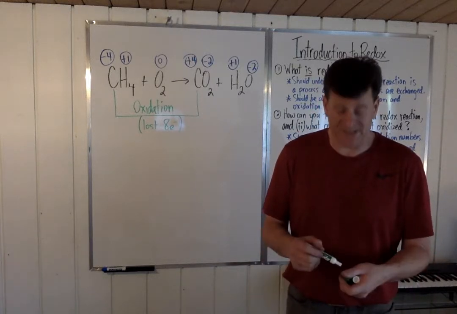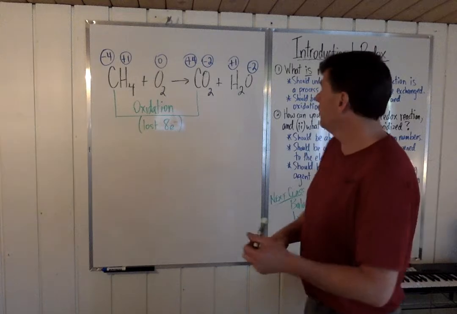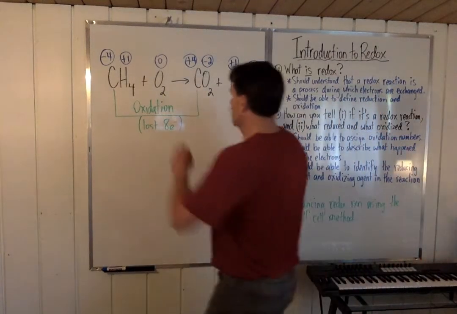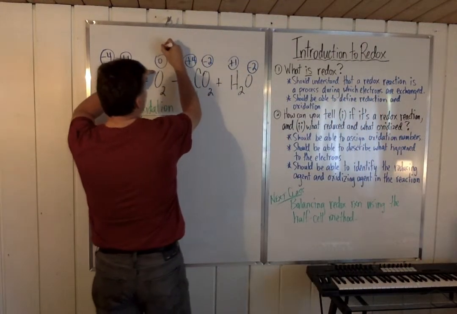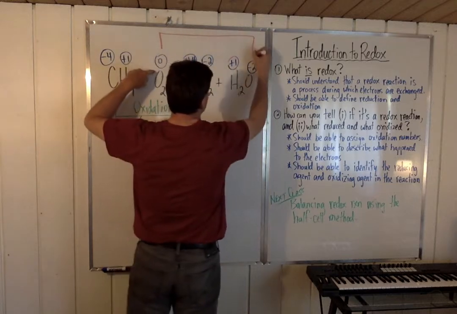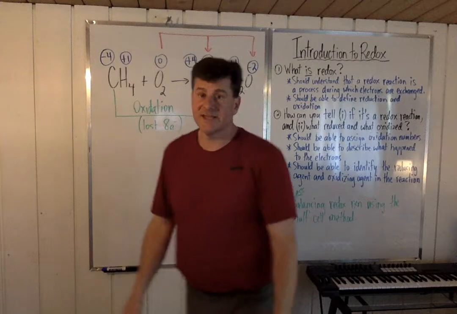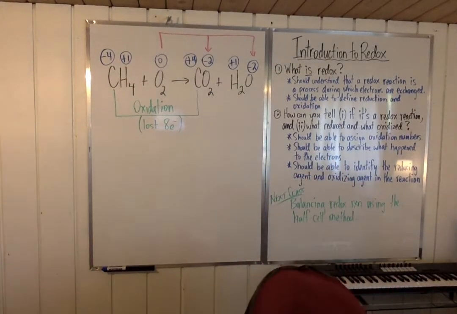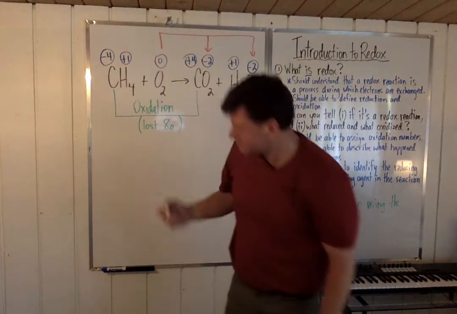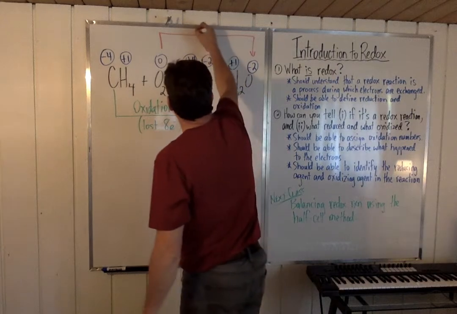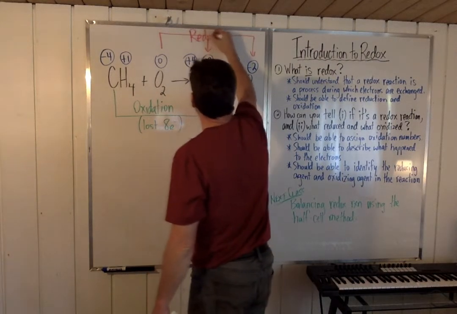So it wasn't really participating in the redox reaction. But what is the oxygen doing? The oxygen, right here, is going to 2 different places actually. It's going there, and it's going there. So the oxidation number is going from 0 to -2.